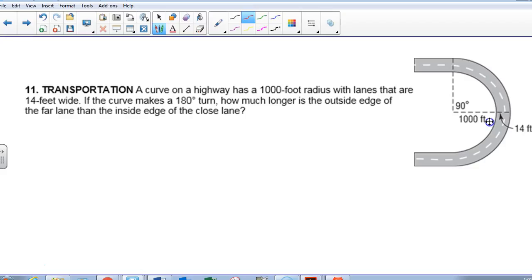We had a big discussion about whether that was 14 feet across each lane or 14 feet across both lanes. If it was a narrow street, 14 feet across both lanes would be okay, but I don't think a highway. 14 feet is like 3 of you guys laid end to end.